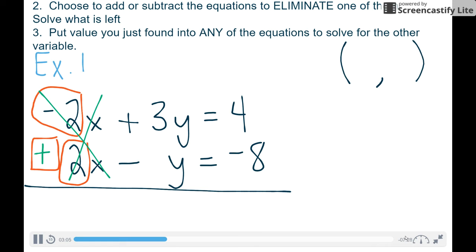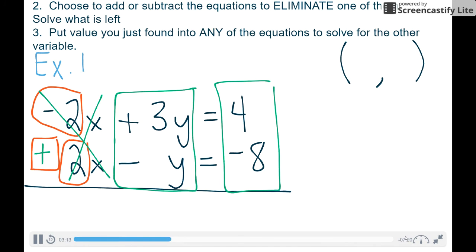Now I have to continue adding the rest of my columns. I'm going to add this column here, and this column here, and I'm adding because it says add over here. You can make that subtract, but then it's not going to cancel anything. So you get to choose if you're adding or subtracting.